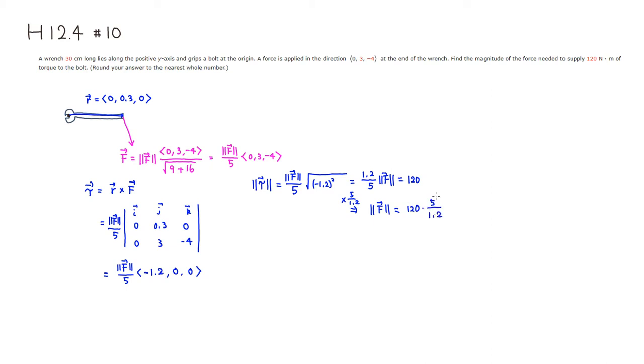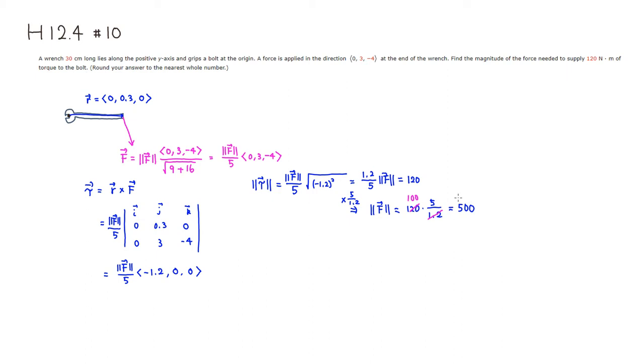If you cancel these out, 120 divided by 1.2 is 100. So 100 times 5 would be 500. So 500 would be the magnitude of the force.